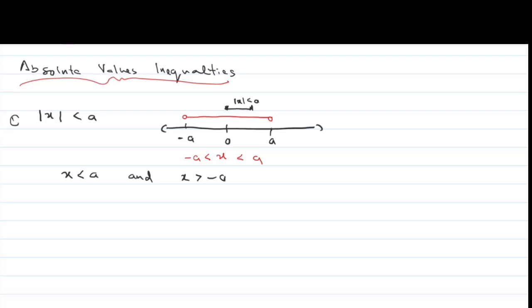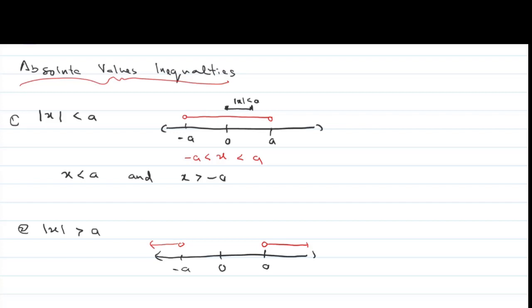For the second one, if we have absolute value of x greater than a, on the number line, absolute value of x greater than a is the distance of x from 0 greater than a. So we should put x on the right side of a or on the left side of a.